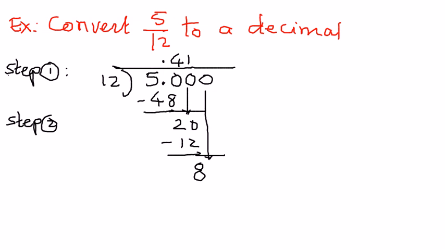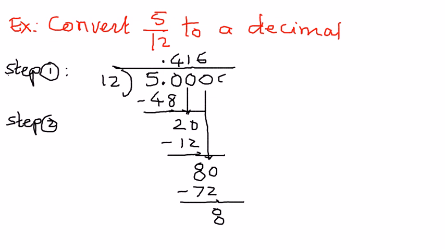Then we borrow that here. So now we're going to repeat our 12 times table again. 12 times what number is equal to or less than 80? 12 times 6 is 72. So when we subtract, 80 minus 72 is going to be equal to 8, and therefore this is going to repeat.